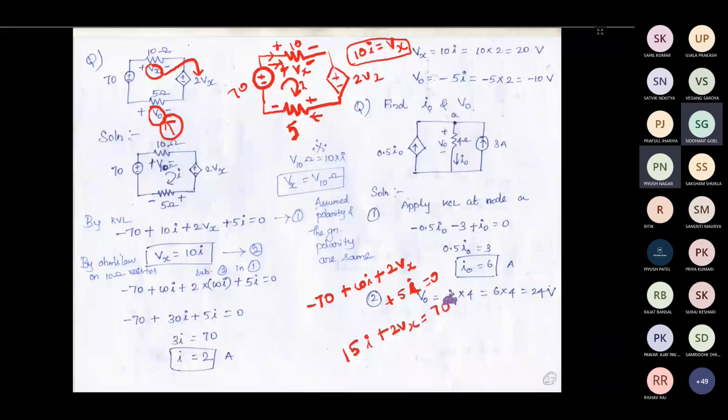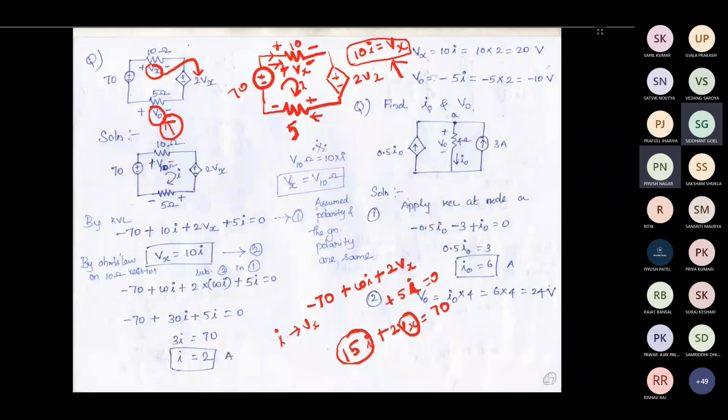You are having two variables now. One is I and another one is Vx. So you can represent I in terms of Vx or Vx in terms of I. In either way, you can do it. We already know that 10I is equal to Vx, so you can directly substitute Vx is equal to 10I.